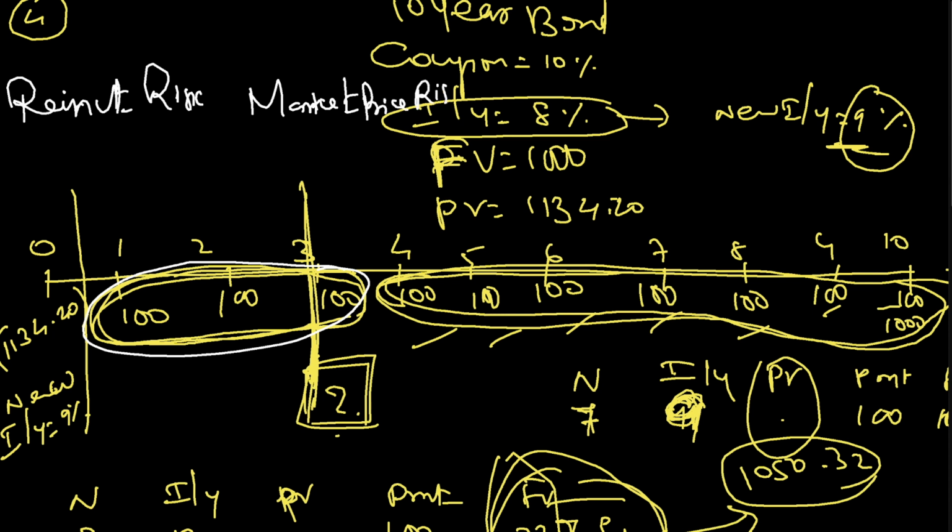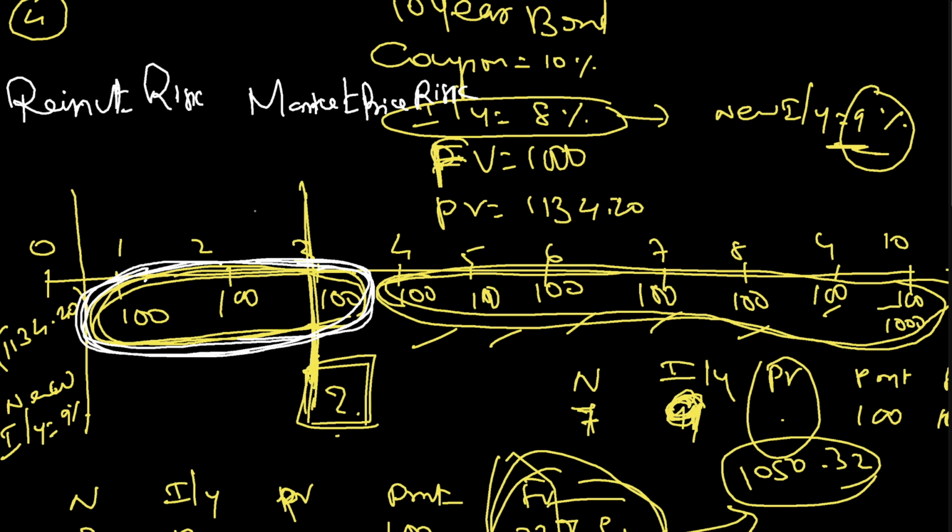Now when you are reinvesting at 9 percentage, which is good, however, you are not able to take advantage of this for a long period of time because you are investing for a short period. So the benefit is for a short period. So reinvestment risk is favoring you, but only for a short period.